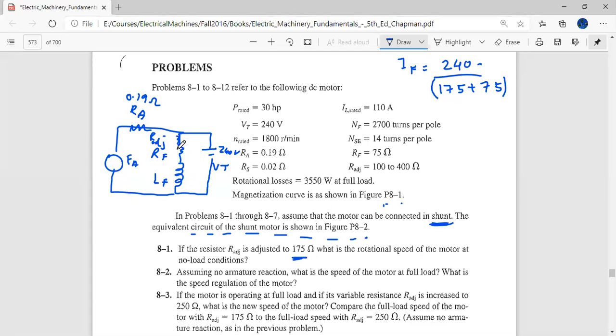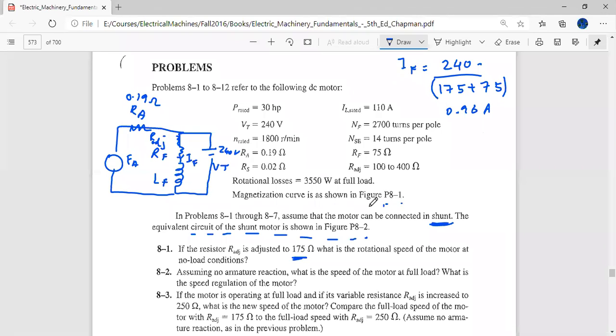I'm just plugging this data into this equation, and IF is the current which is going in the field branch. So the answer comes 0.96. Thank you, Anam. So IF is 0.96 amperes.